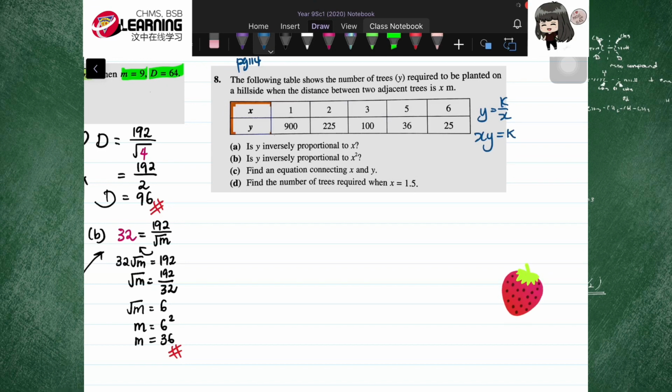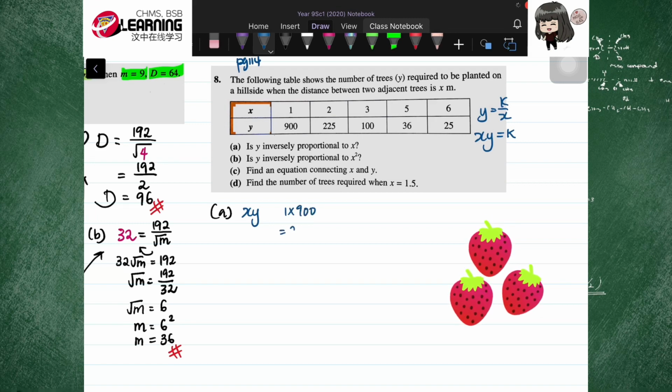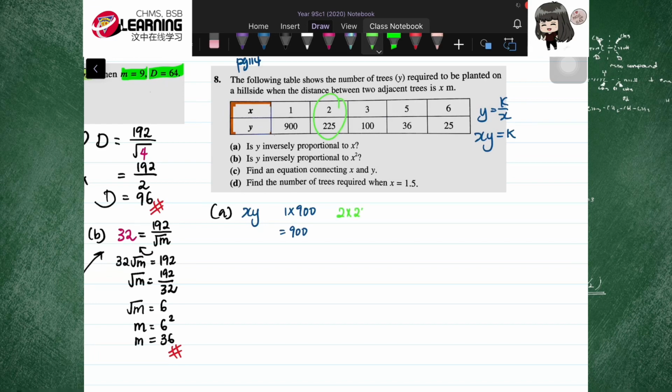So to find the constant, we multiply all of them. For part A, you multiply x with y. The first one is 1 times 900, you get 900. The second one, 2 times 225, what you get is 450. So it's different.